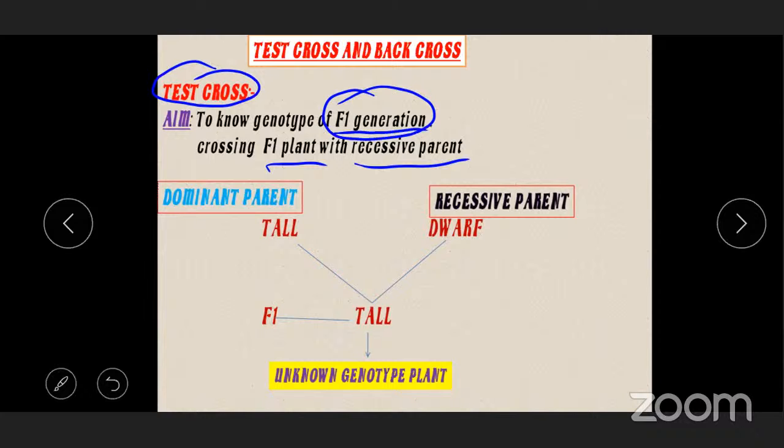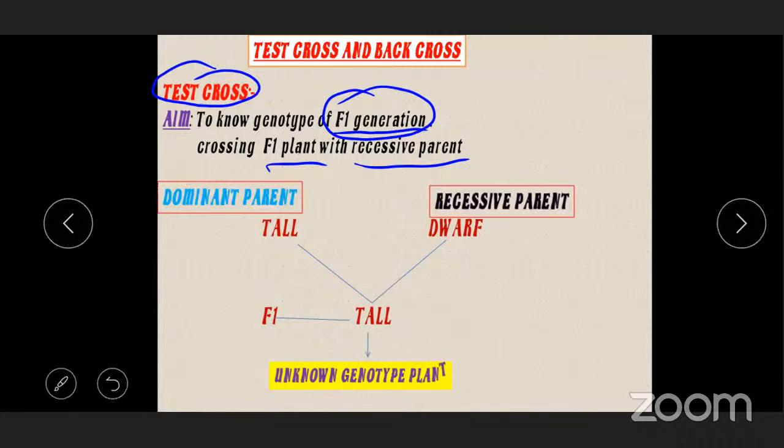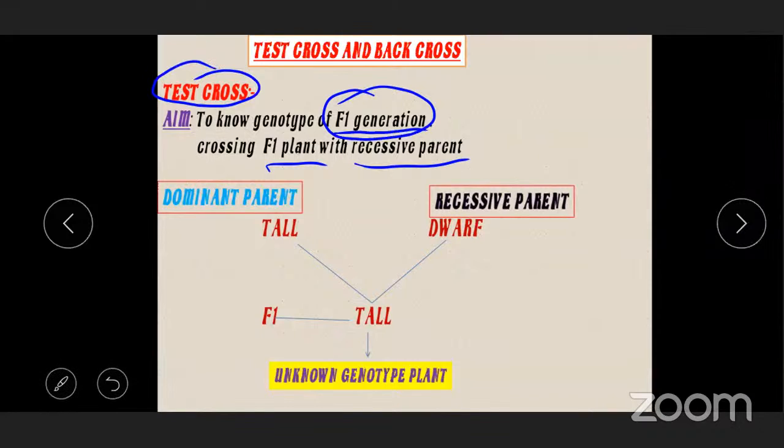Now here we don't know the genotype of this plant. We know the phenotype of this plant: the phenotype is tall. To know the genotype of this F1 plant, we have to cross this F1 plant with the recessive parent. What is the recessive parent?